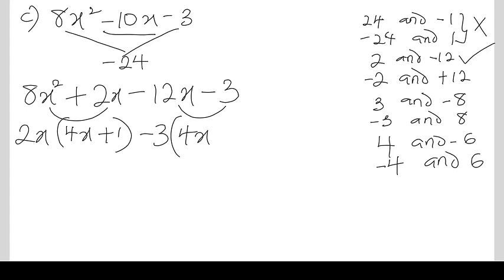Then minus 3 in minus 3 is going to give us plus, then 3 in 3 is going to give us 1. As you can see, we have the same result in the bracket, 4x plus 1, 4x plus 1. So we are correct. Then we bring one of them out, which is 4x plus 1. Then we write the remaining one, which is 2x and minus 3 that are outside the bracket. So we have 2x, then minus 3.